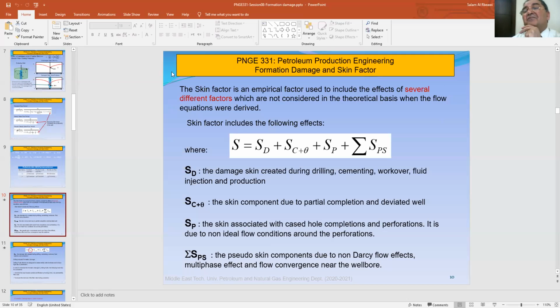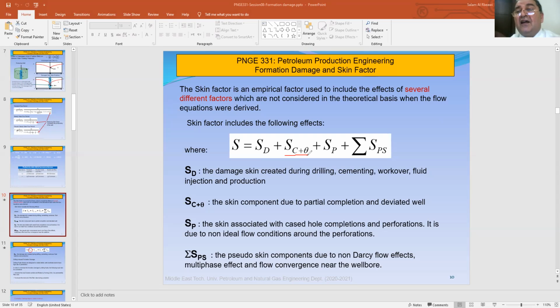The second one is, let me say, S sub C plus theta. S sub C plus theta. C goes to what? C goes to the completion. So S sub C gives you the skin factor or the damage caused by the partial completion.